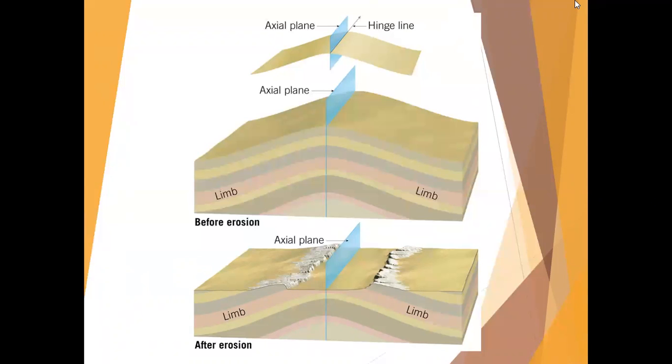And looking at the ground surface, everything would look level. You would not have known that there had been a fold here until you looked at a cross section of the ground. And then you would be able to see that your layers were not straight across.